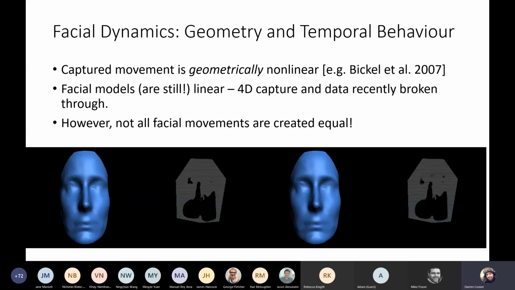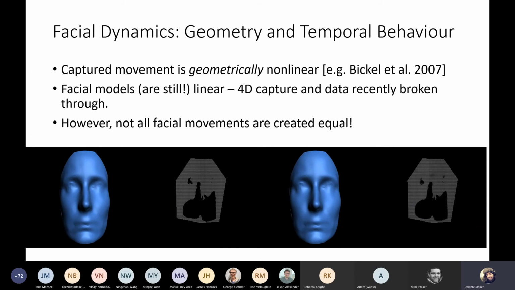So just really quickly, one of the interesting things that you observe when you look at the face in 4D is the fact that facial movement is non-linear from a geometric point of view. The reason this is important is that the facial models used in industry today are actually linear.